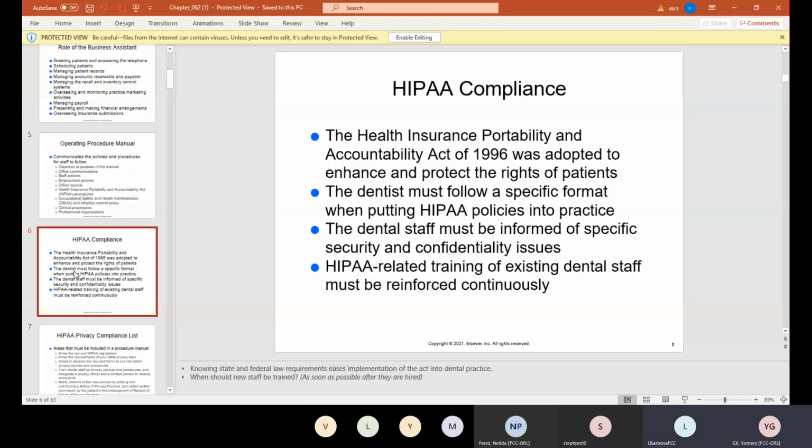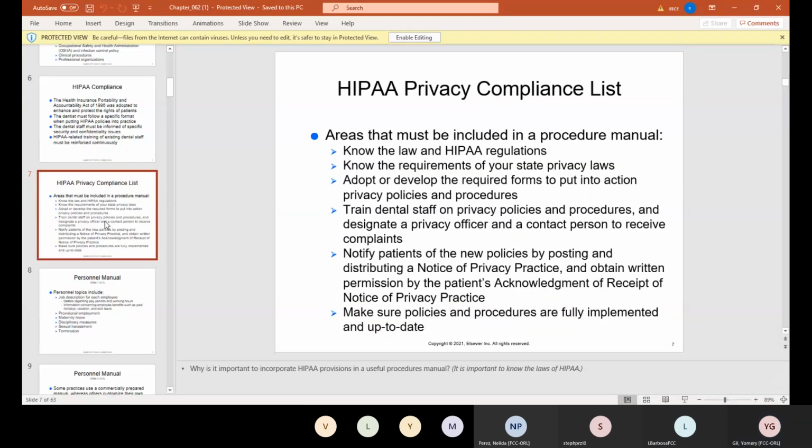HIPAA privacy compliance list. Areas that must be included in a procedure manual: know the law and HIPAA regulations. Know the requirements of your state privacy laws. Adopt or develop the required forms to put into action privacy policies and procedures.